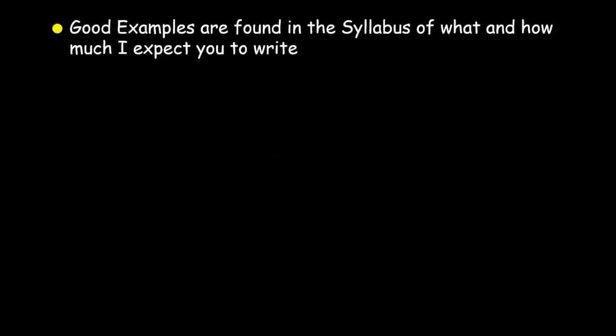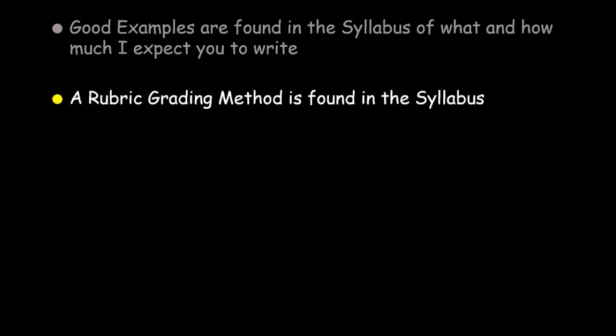Good examples of what you could do are found in the syllabus, specifically on page 26. A rubric grading method is also found in the syllabus, specifically for discussion boards 2, 3, and 4. You'll see it on page 25, and that's what I'm going to be grading that on.